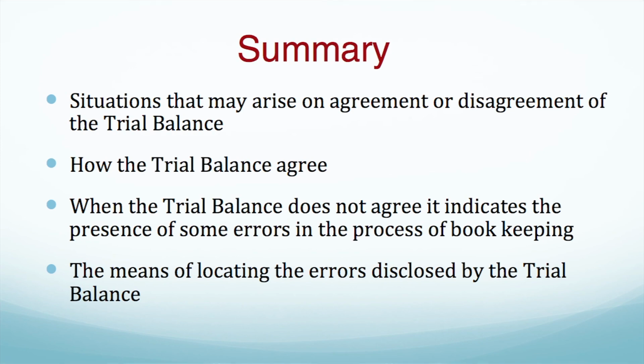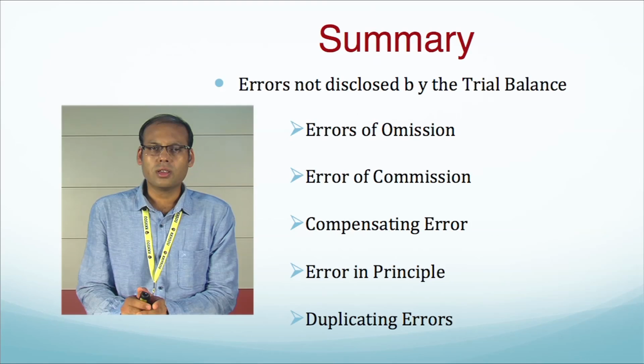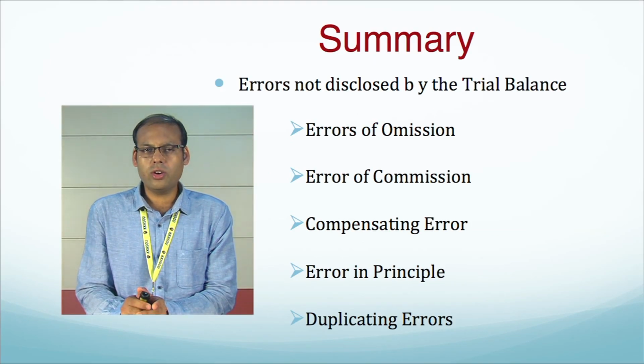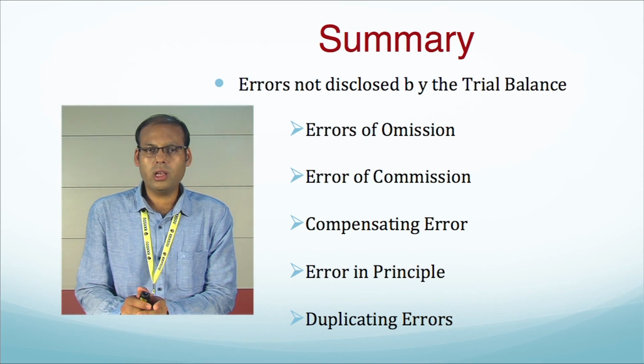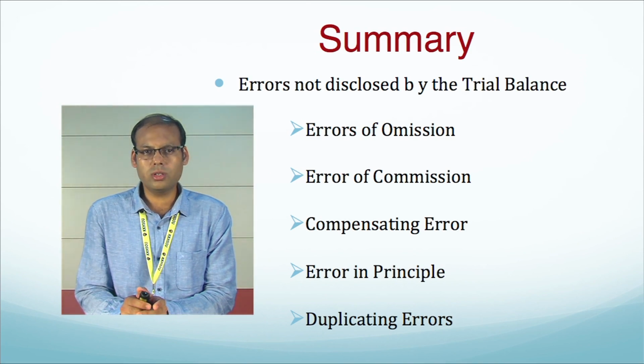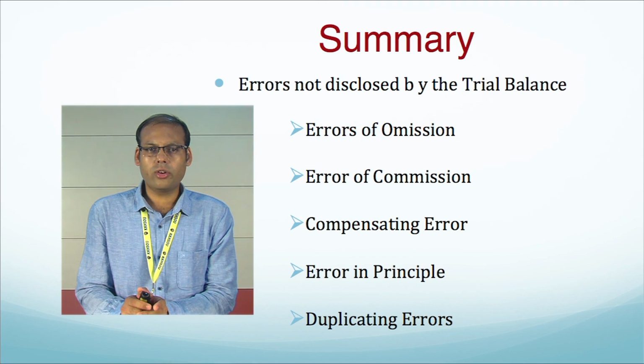When the trial balance does not agree, it indicates the presence of some errors in the process of bookkeeping, and the means of locating the errors disclosed by trial balance. We have also discussed the errors which are not disclosed by the trial balance. These errors are error of commission, error of omission, compensating error, error in principle, duplicating errors.